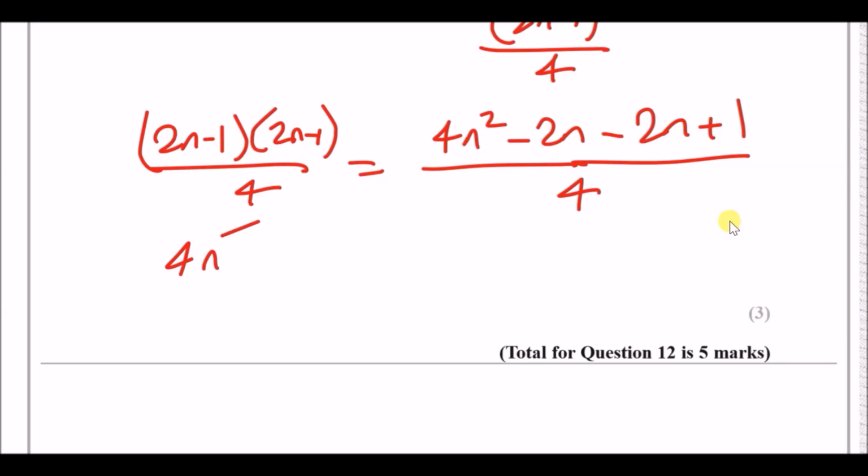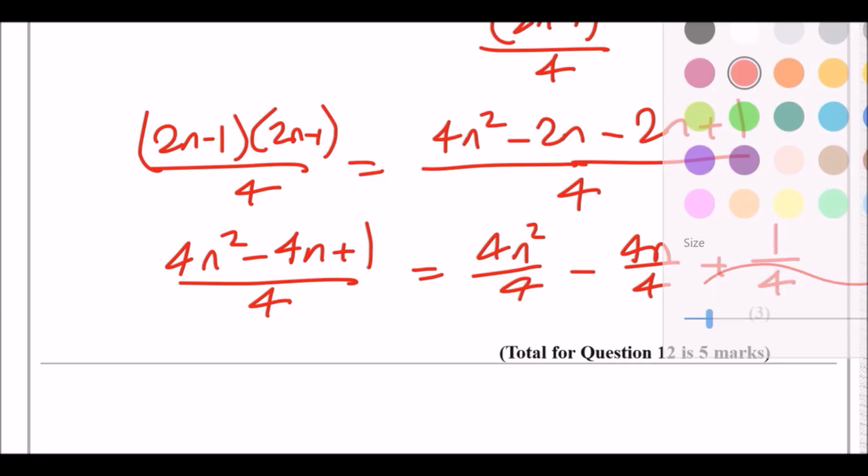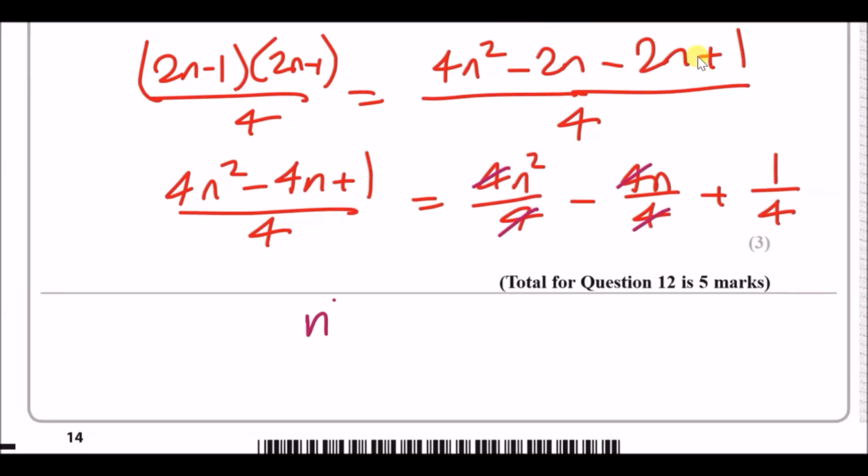So we're going to have 4n squared minus 4n plus 1 over 4. So we're going to have 4n squared over 4 minus 4n over 4 plus 1 over 4. Now what happens here? When you divide this by 4, the 4's cancel out and the 4's cancel out. So we're left with n squared minus n plus a quarter.